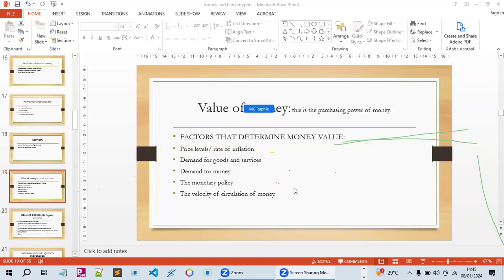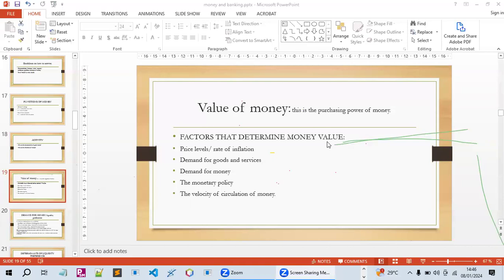This question is two-sided. If you see a word that says factors that influence, wherever you see influence, just know it's a two-sided question. So you're supposed to give both sides. So back to the point of demand for goods and services.